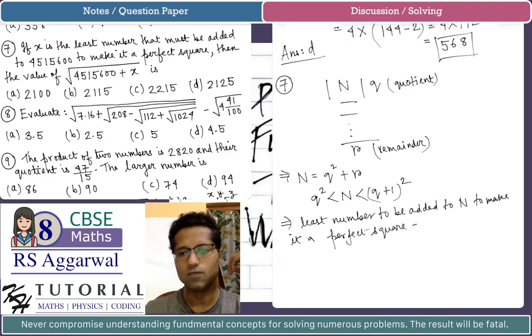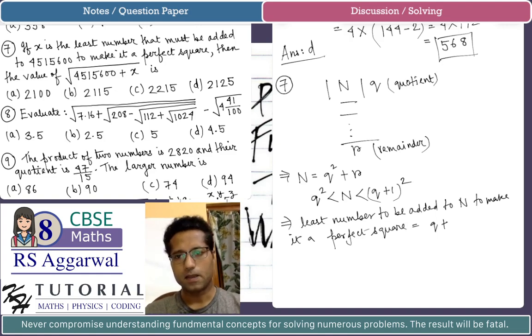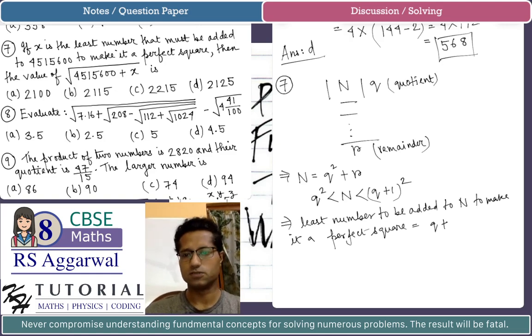is equal to q plus 1 square minus n. After adding the least number to n to make it a perfect square, that perfect square will be the next number larger than n which is a perfect square, which obviously has to be q plus 1 square.